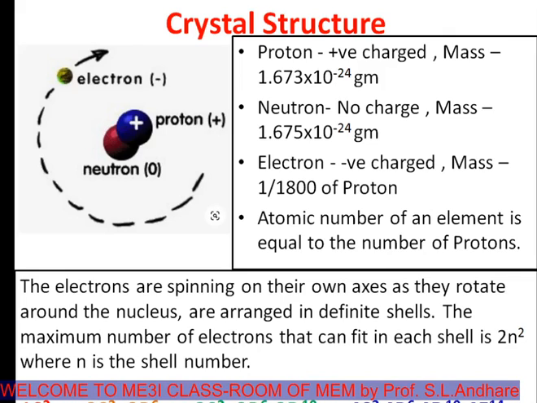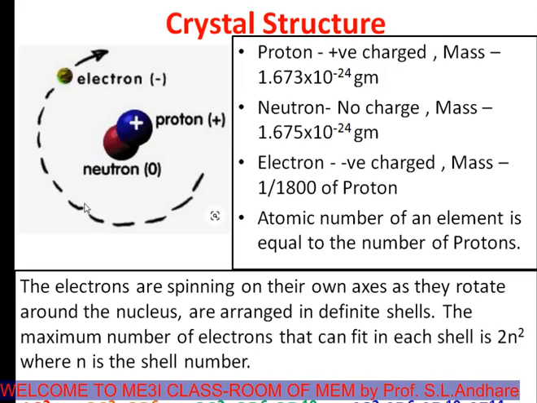Try to recall that periodic table. The elements are arranged in increasing order of atomic number in the periodic table. We are going to learn about that periodic table too. This is fundamental knowledge, and everybody must refresh, recall, or retrieve this periodic table knowledge.